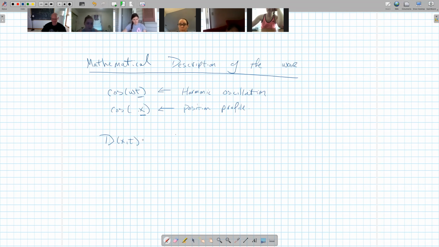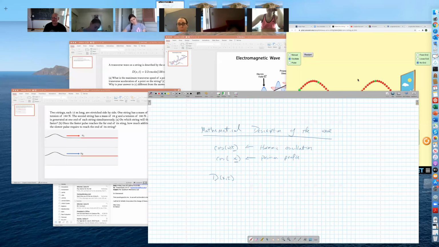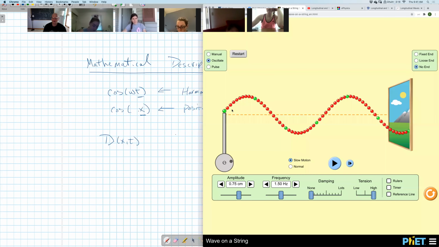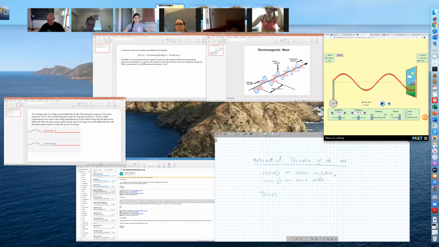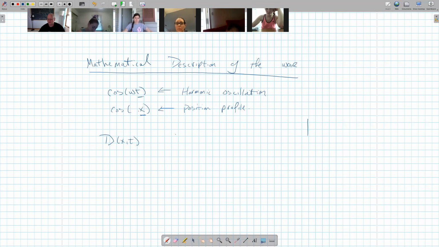What d is, d is going to be the displacement of a piece of medium away from its equilibrium position. So basically here, the distance from this orange line to a piece of medium is what we're calling d. Okay? So let me draw that on here. So basically, if I was looking at the wave, so let's say this is d, this is x.